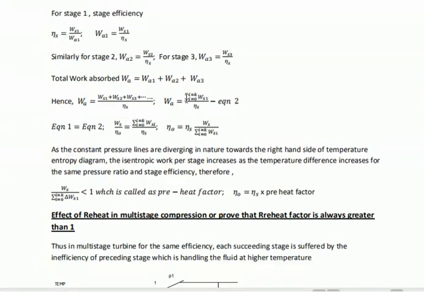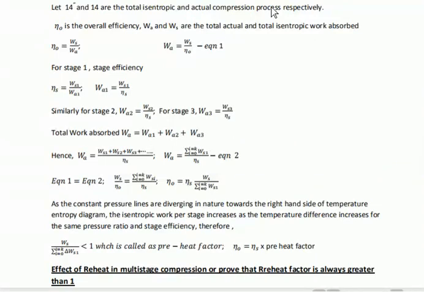So WA is equal to the summation from i equal to 0 to i equal to K of WS divided by eta S. This is equation number 2. Now equating equation number 1 and equation number 2.